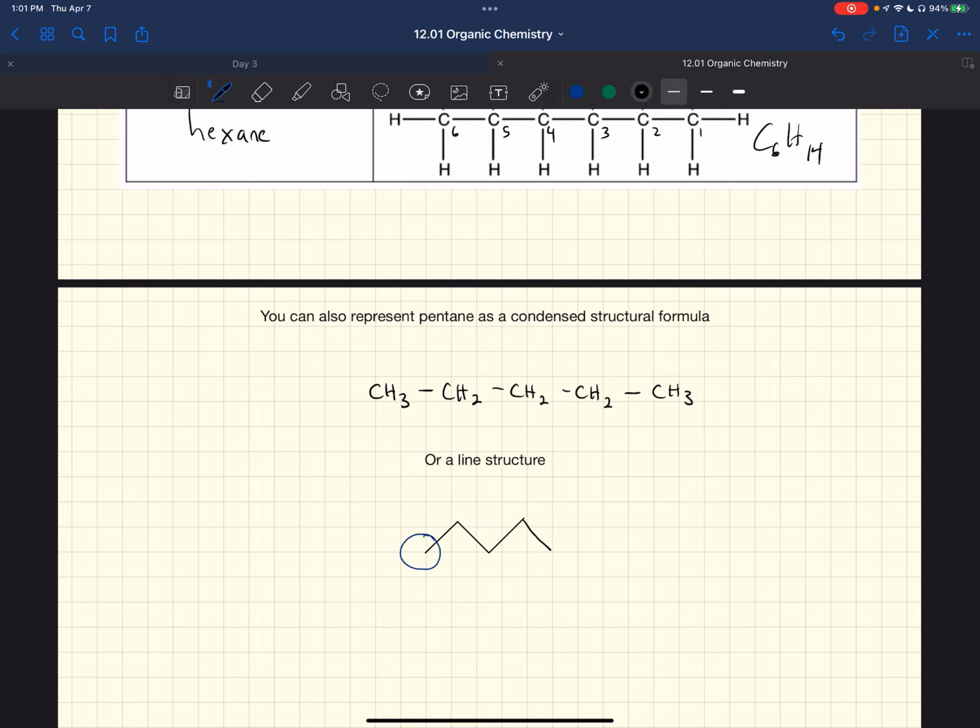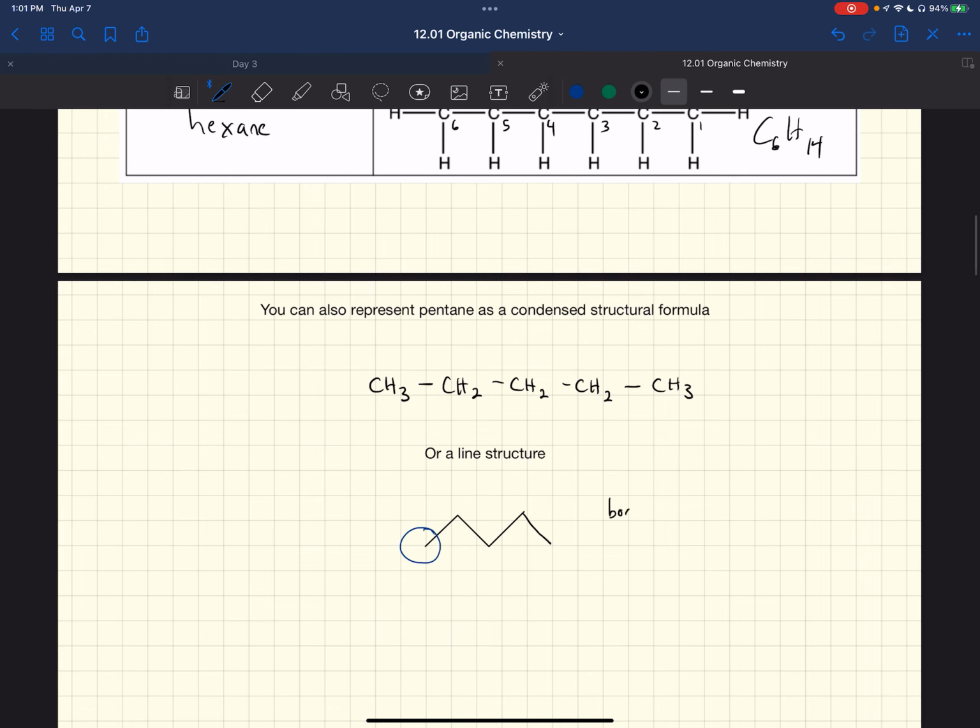So if we look, okay, like right here, in the line structures, a bond is represented by a line. Okay? The carbons are at the end of lines. Okay? So this blue one that I've circled, that is equivalent to a CH3.